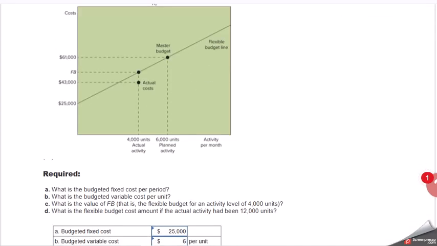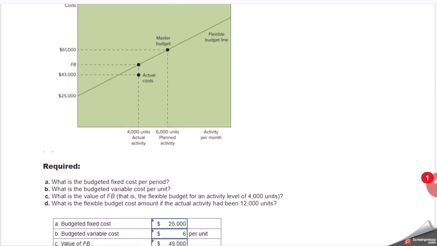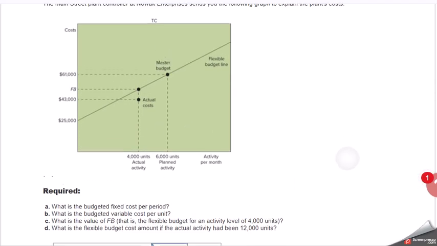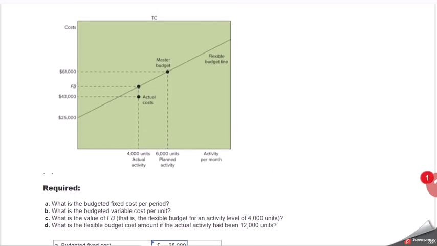Okay, then our flexible budget, looking over this graph: what is our budgeted fixed cost for the period? The master budget is for 6,000 units of planned activity, and that would be our variable and our total.